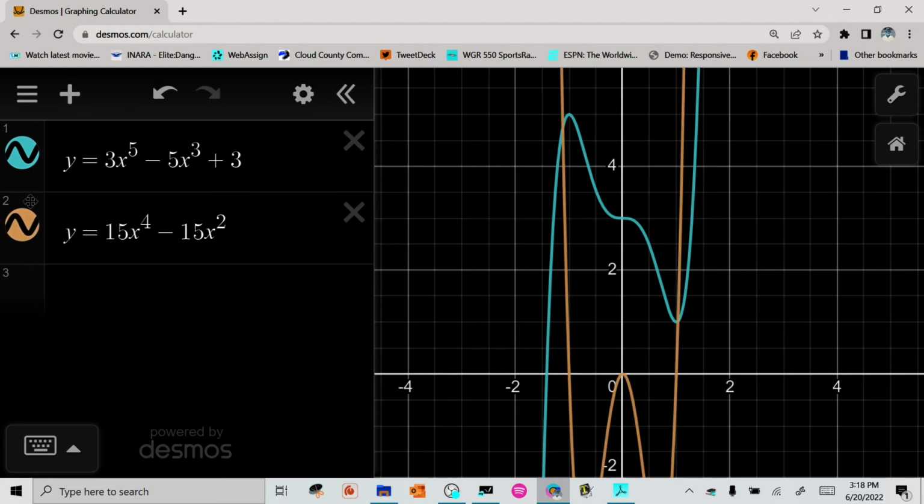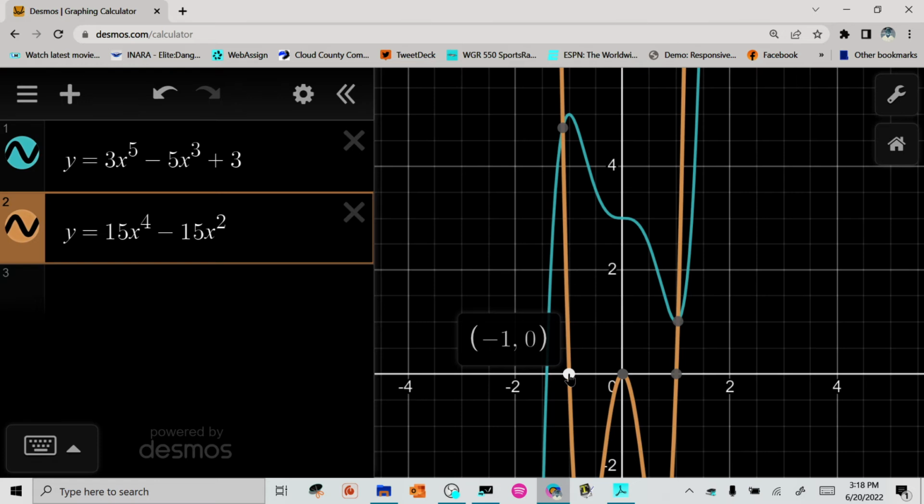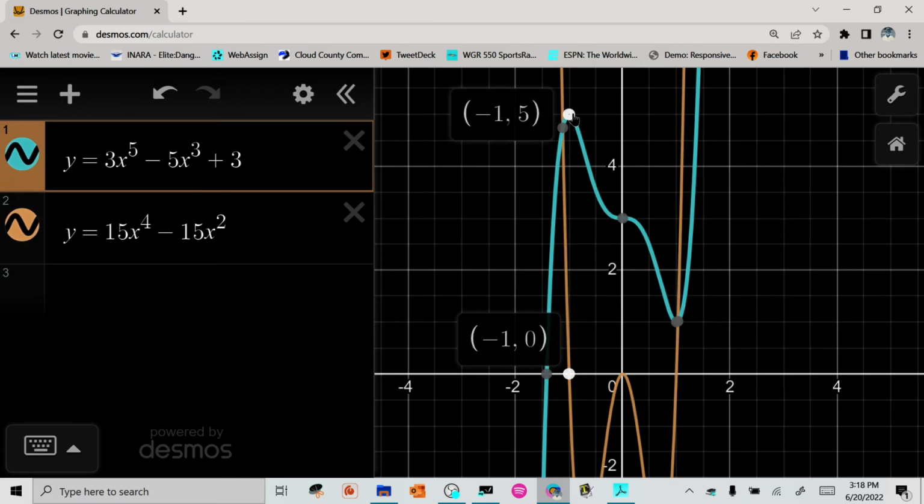So again, the blue represents the slope. And so the slope right here is positive, positive, positive, positive, 0. That corresponds to where this derivative crosses the axis. It's the same x value, so there's the minus 1. And then if I look up here, there it is, you can see minus 1, 0.